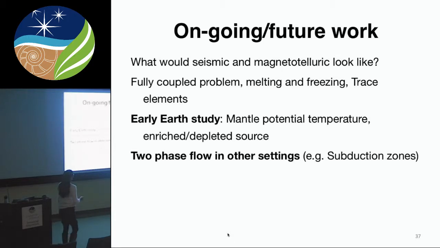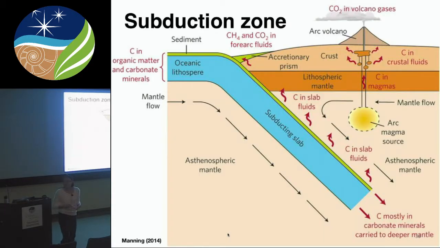And of course, applying two-phase flow in other settings like subduction zones, which is really exciting because I'm going to briefly touch on it. This is the kind of work that I'm doing here. I just have a few slides on it. This shows the carbon cycle at a subduction zone, based on an illustration by Craig Manning.